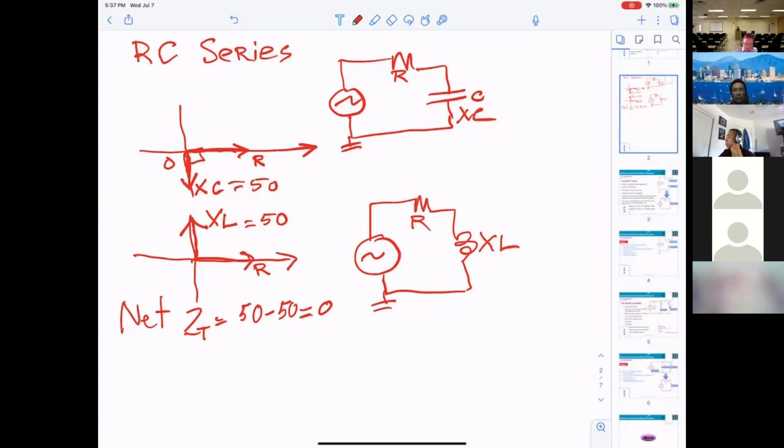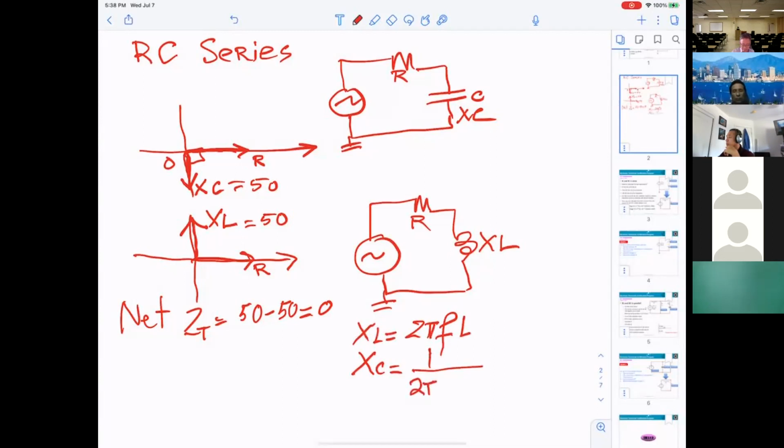And you already know XL equals 2 pi fL, and XC equals 1 over 2 pi fC. So now if the frequency goes up, what happens to XL? Increase. Going up.